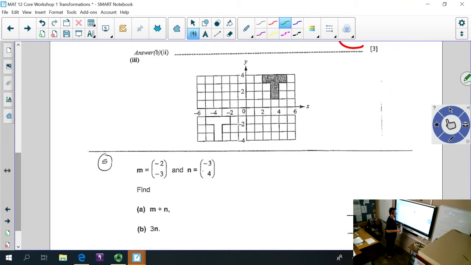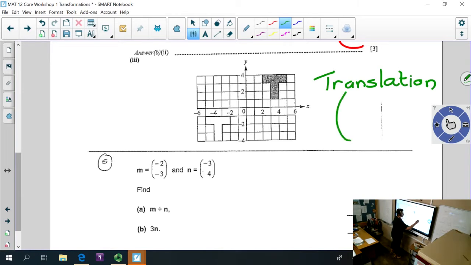The next one. Which transformation is this one? This is now the translation. This is the translation. So it's the slide. Can you see? From here to here. Now we have to find the column vector. So x and then y. So now I have to move this one, but that point must go to this point because it must be corresponding points.